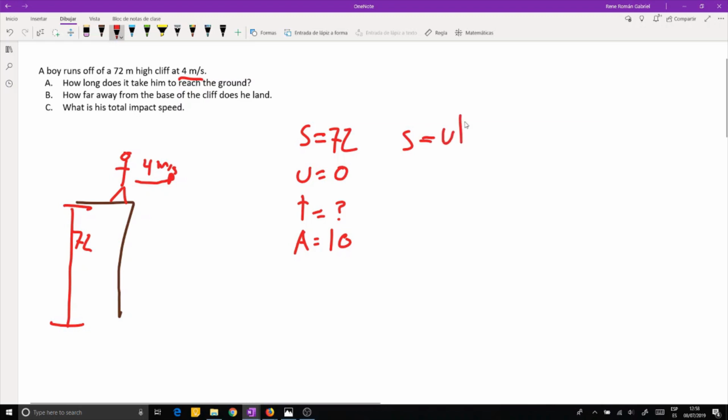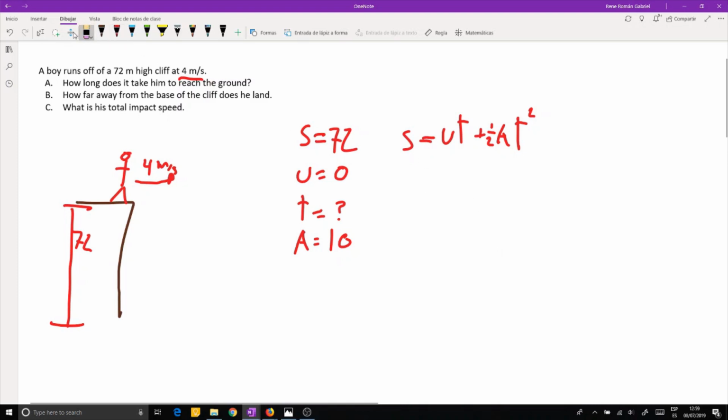S equals UT plus 1/2 A T squared. So basically, having this, all we have to do is substitute the numbers.